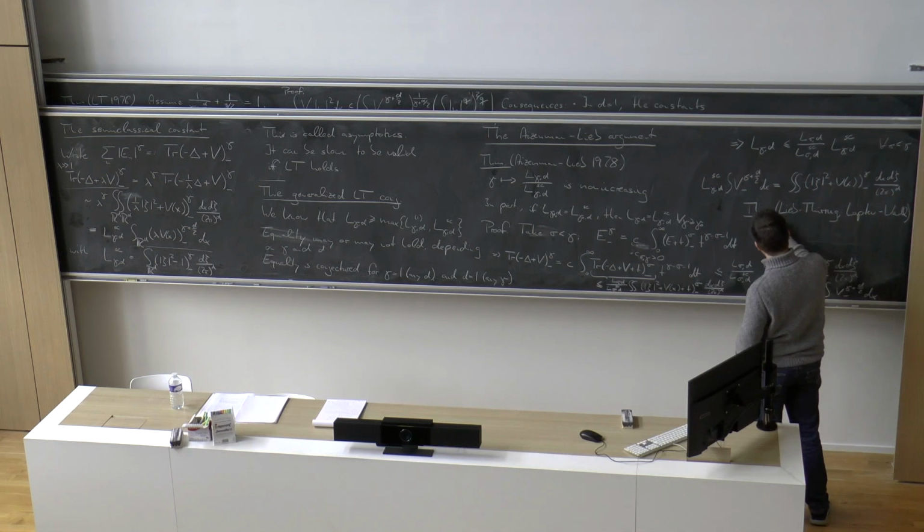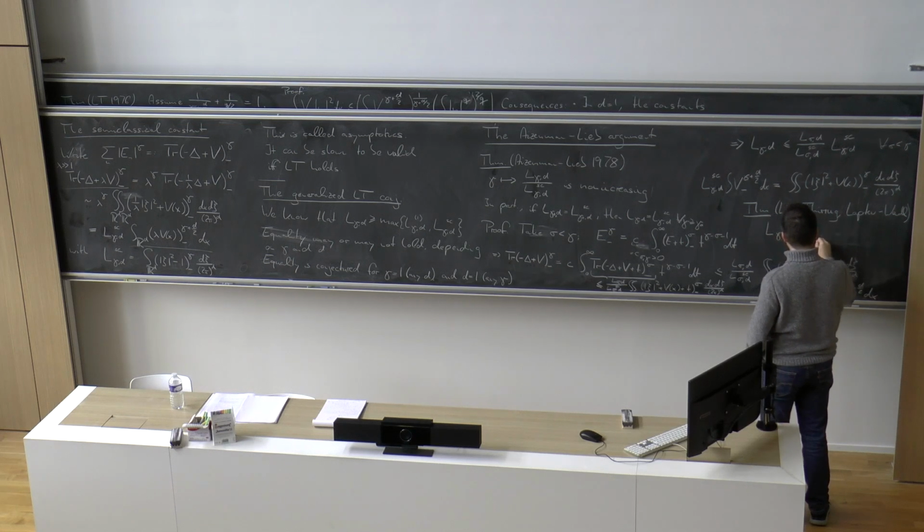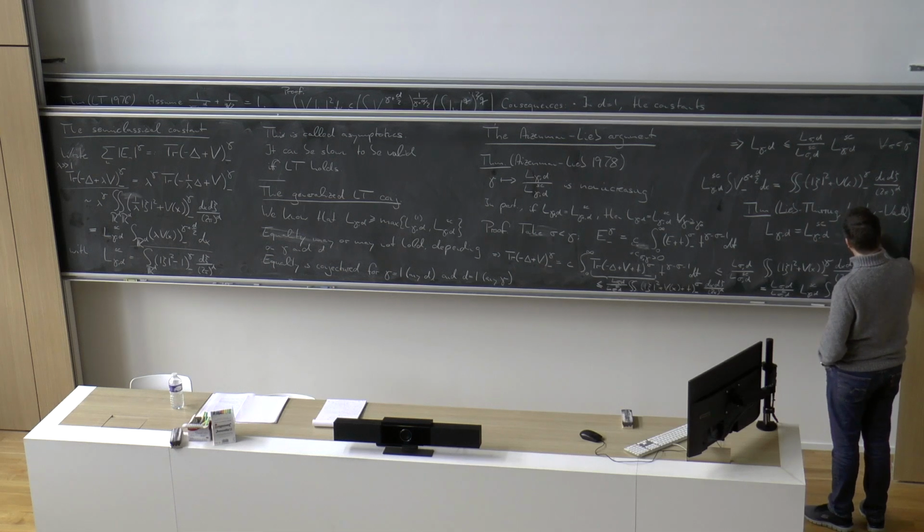And that theorem says that L gamma d is equal to L gamma d semi-classical for all d greater or equal than 1 and for all gamma greater or equal than 3/2.